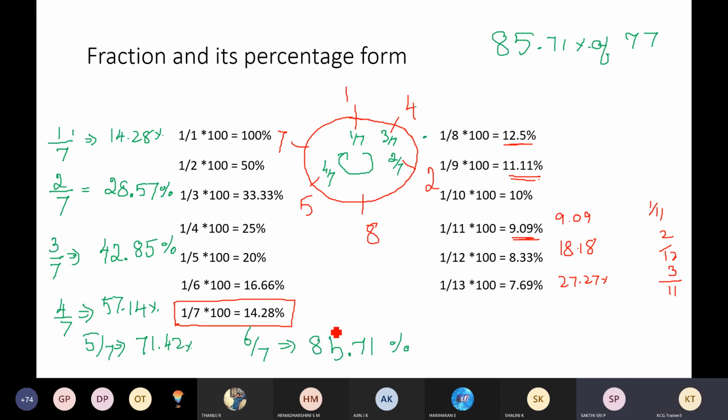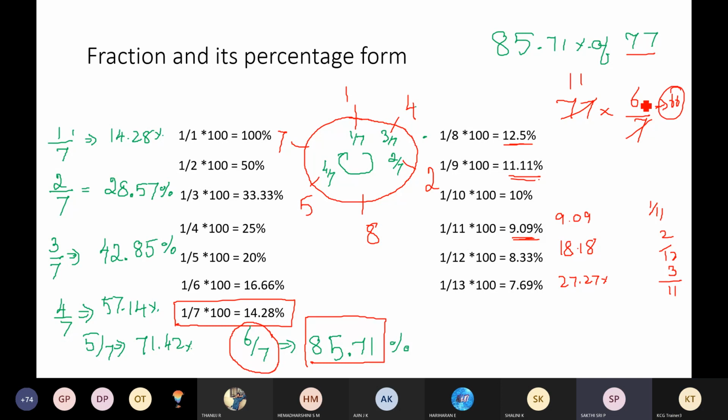Very good, Harivardhani. Super. Listen here, guys. 85.71 percent has the corresponding fraction 6 by 7, which means take the number 77 multiplied by 6 divided by 7. So 11 into 6, 66 is your answer. Clear, everyone? So you should remember all these values. Excellent.